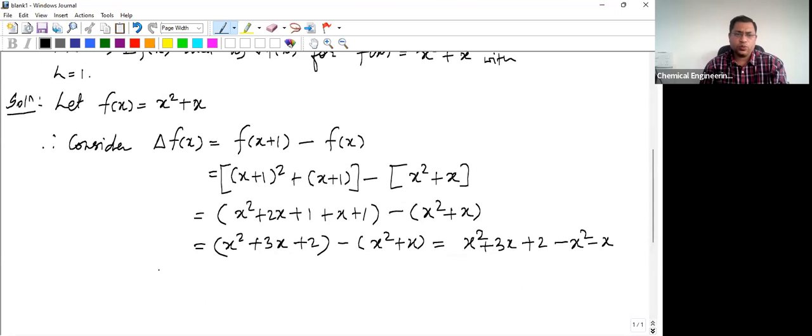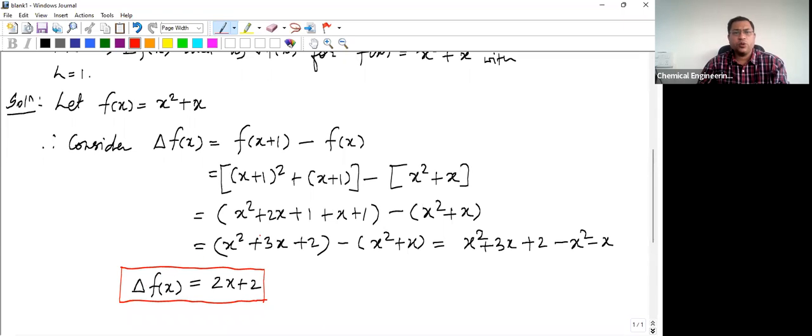Now x square and x square will get cancelled. Then we have 3x minus x, so it will be 2x plus 2, and that is going to be delta f of x.